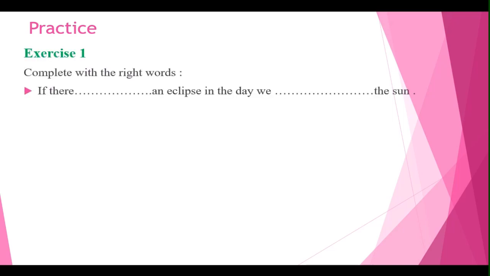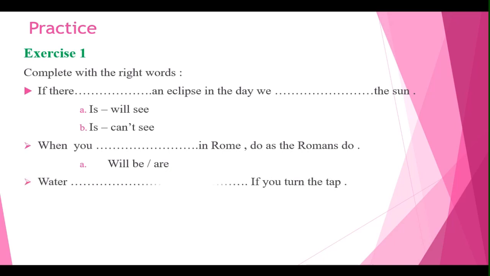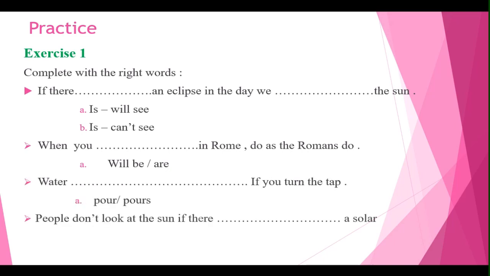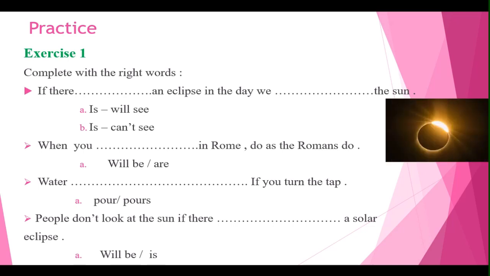Question number 1: complete with the right word. It means I have to choose the right word. Let's start with sentence number 1. If there is an eclipse, as we have in the picture, we call it an eclipse, in the day the sun.